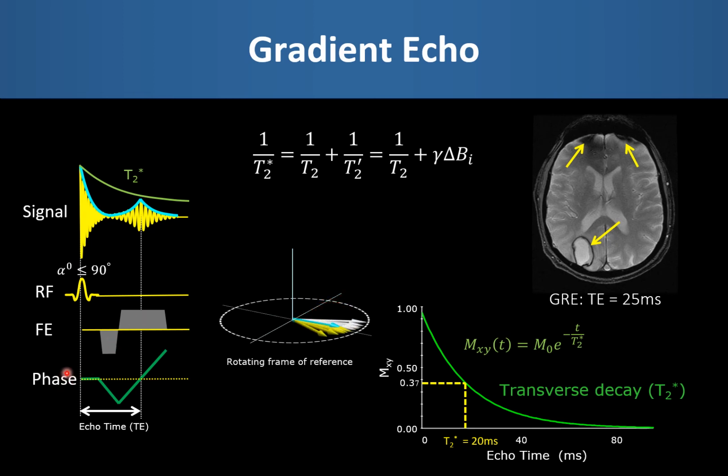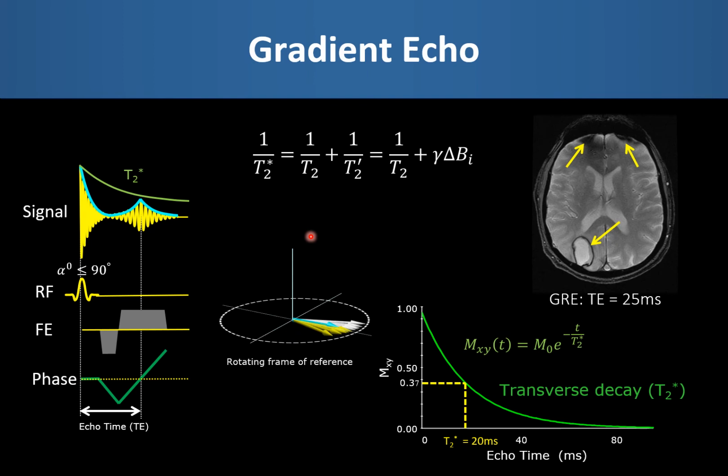Instead, the echo is formed by making the frequency encoding prephasing gradient negative, which forcibly dephases the transverse magnetization, and then making the frequency encoding gradient the opposite polarity, which forcibly rephases the magnetization, forming what is known as a gradient echo. Since we are not using this 180-degree refocusing pulse, the gradient echo cannot eliminate the effects of T2 prime. Therefore, the image is weighted by T2 star decay.